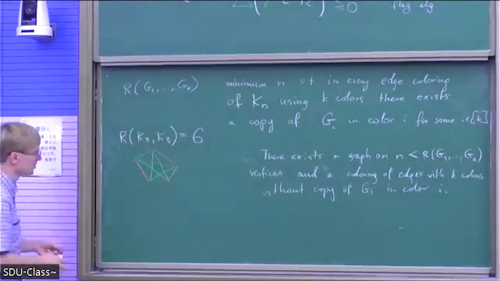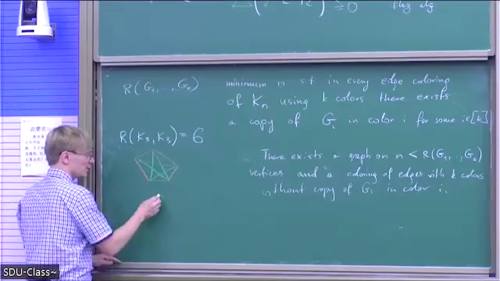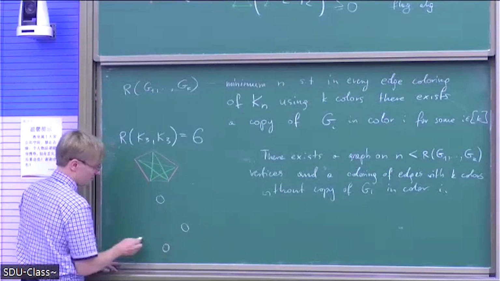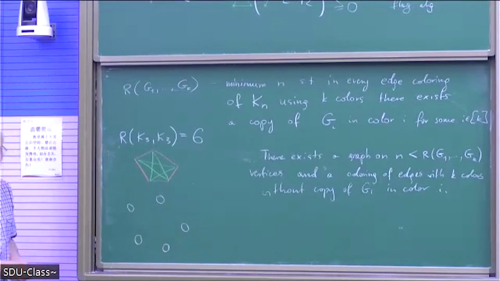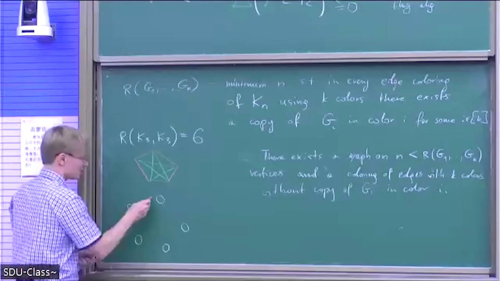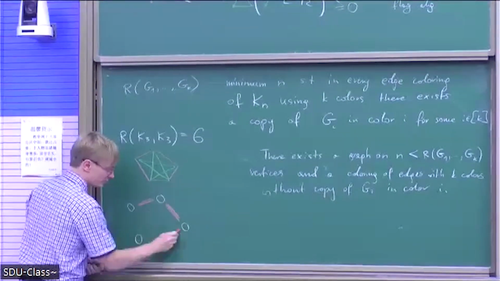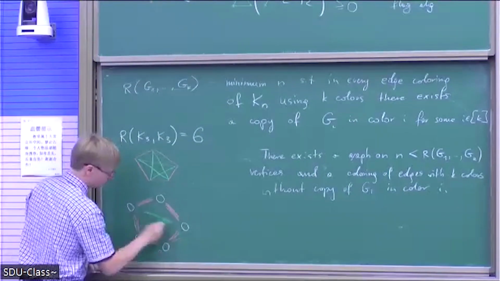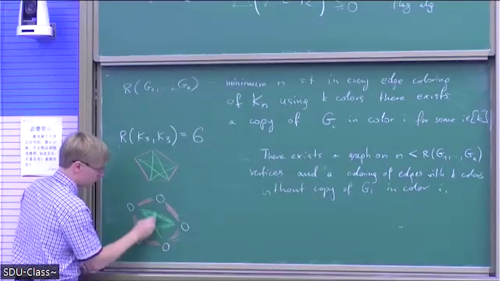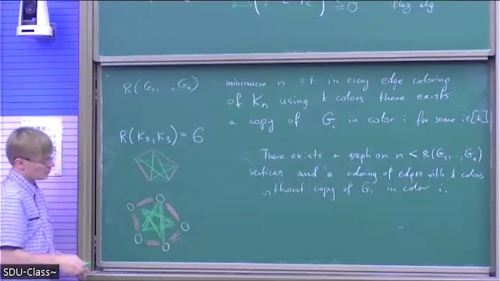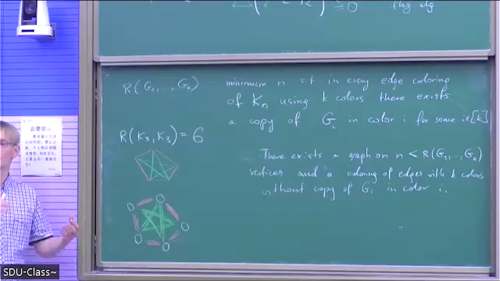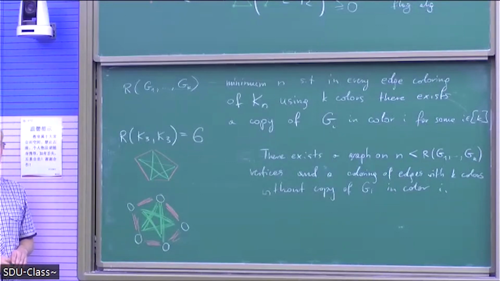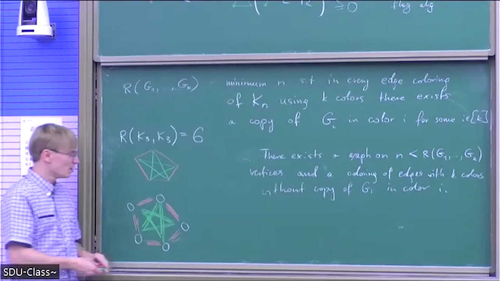So for example, here, I blow it up. I will have 5 sets, and now edges are like this, and I can continue blowing it up. It creates a sequence of graphs, convergent to a limit.